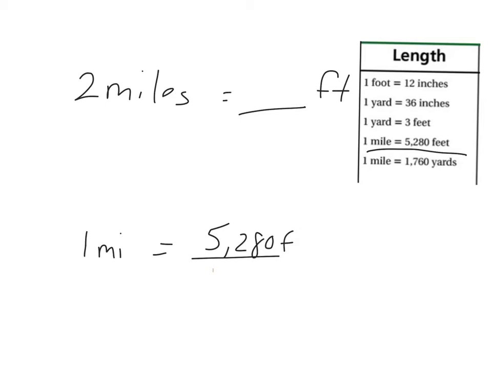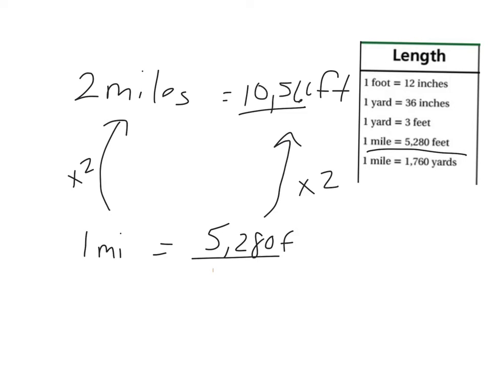Now, in order to get there, I can notice that to get from 1 mile to 2 miles, I had to multiply by 2. I can then use that same strategy to multiply times 2, because it's kind of equal sides. In order to keep it the same, I've got to do the same thing for both sides to get 10,560 feet.